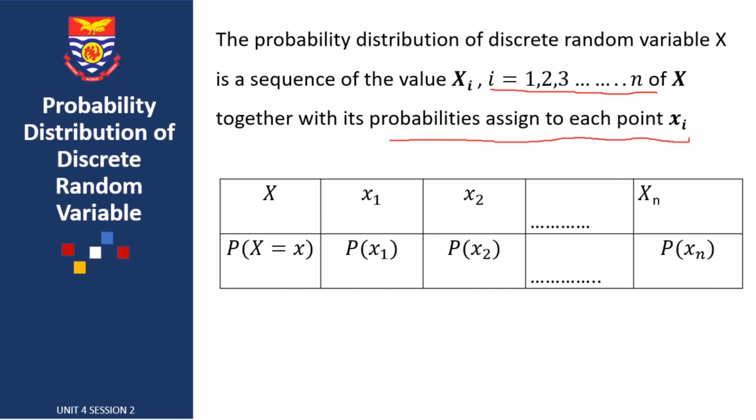As you can see from the table, each value, like x1, has its corresponding probability up to the last one. So this is a probability distribution function of a discrete random variable.